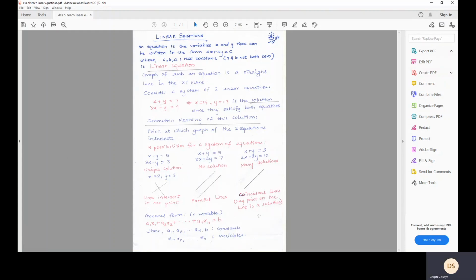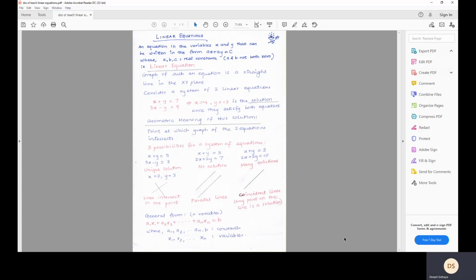Let us repeat. In the first case, the lines intersect in a unique point, giving you unique solution. In the next case, the lines are parallel, giving you no solution. And in the third case, the lines are completely coincident, giving you many solutions.